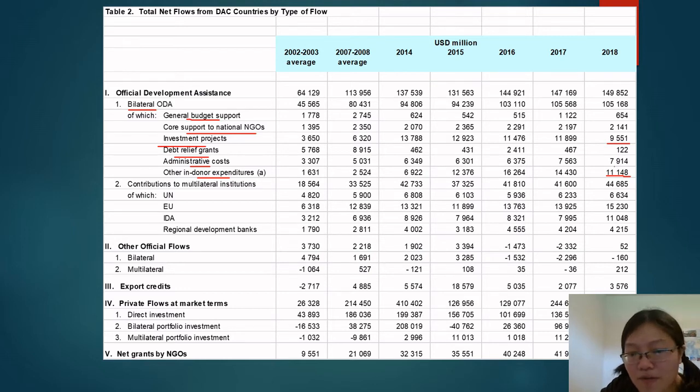And then you have administrative costs, right? Administrative costs basically means the overhead, I suppose. There's no breakdown or definition of what these different types of support actually refer to, so these are my guess and speculation of what they are.